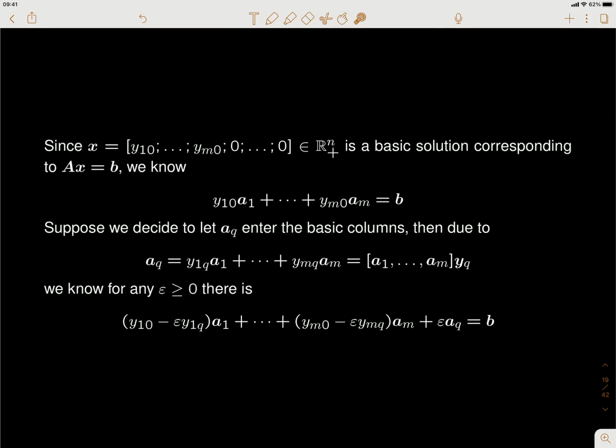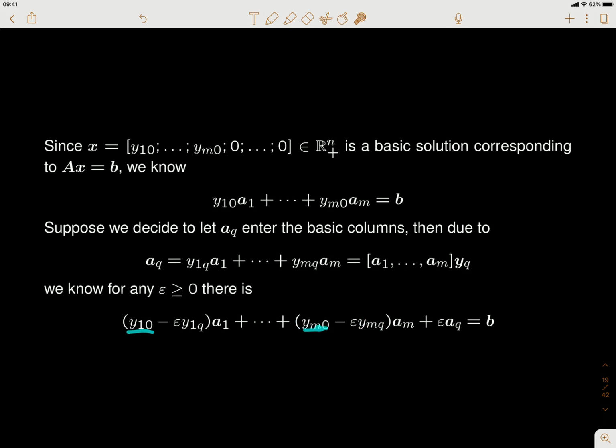What I'm saying is that for this one to be 0, this is similar as before, epsilon needs to be equal to this divided by this. The second term is similar, and up to the last term, for this last term to become 0, epsilon needs to be this divided by this. So the first component will be just the y0, right?